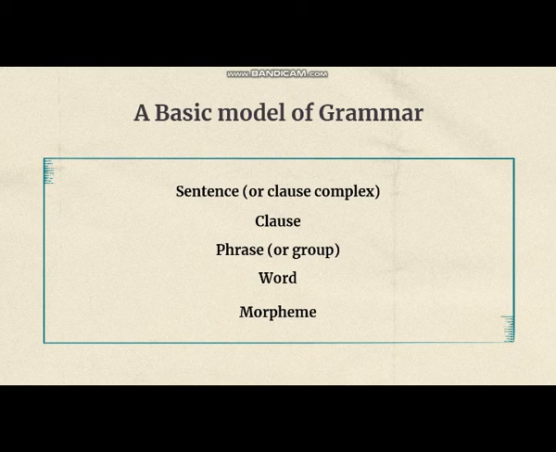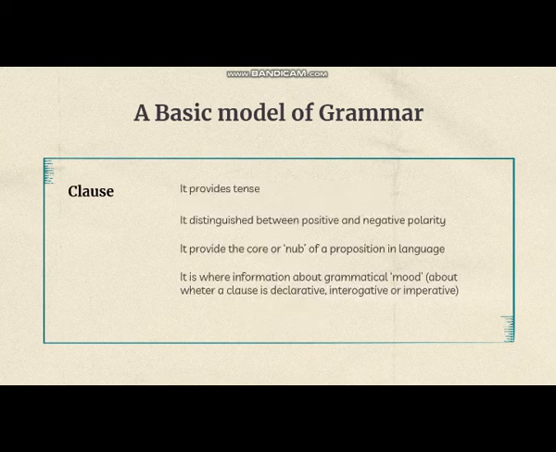In this topic, we will mostly talk about the clause, because the clause is the most important unit of this scale, and here are the reasons. The clause provides tense, and it also distinguishes between positive and negative polarity.